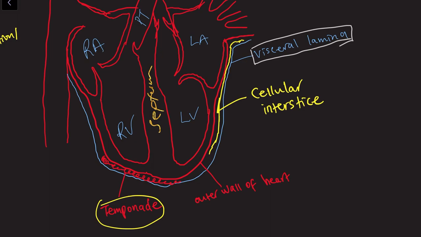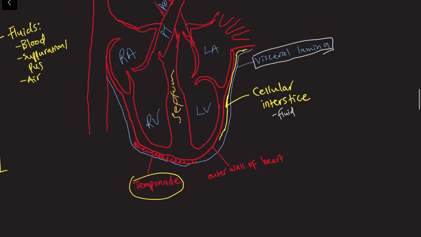For example, the adipose tissue. But it's also filled with, like around the heart, a small amount of fluid, right? Also, around the lungs, actually between the visceral and the parietal laminas of the thoracic cavity, there is a small amount of fluid.